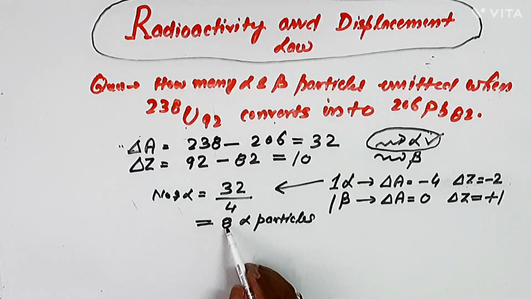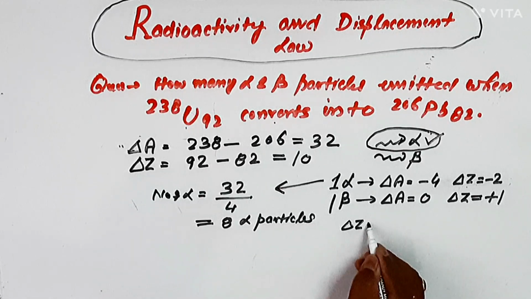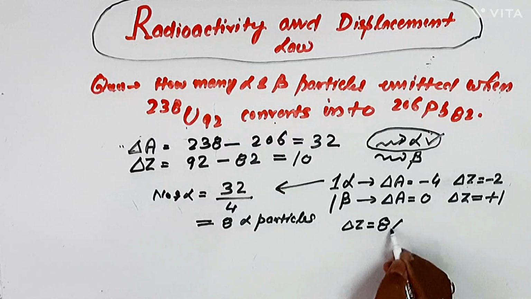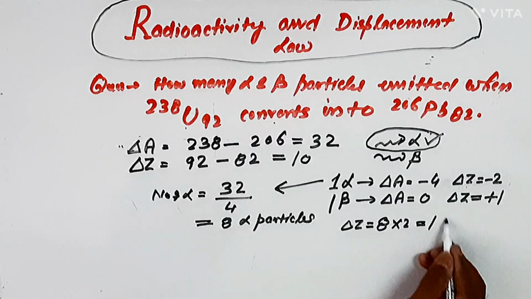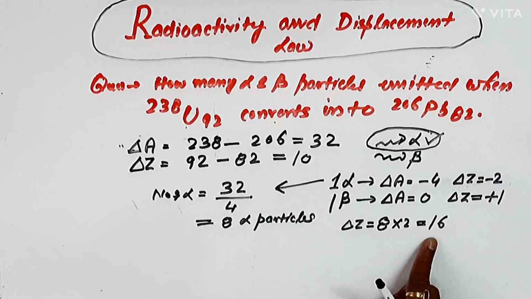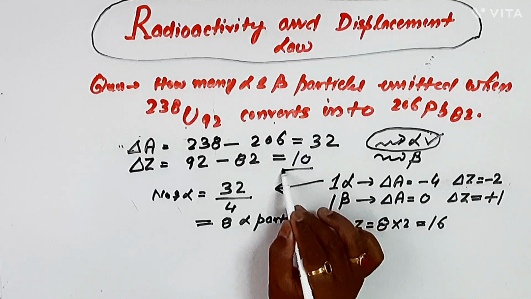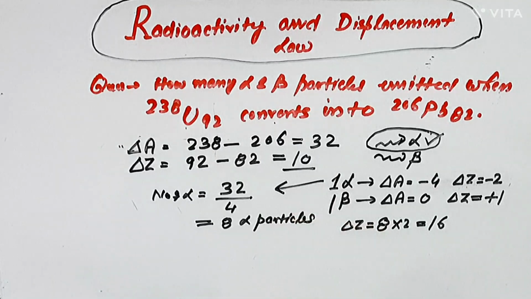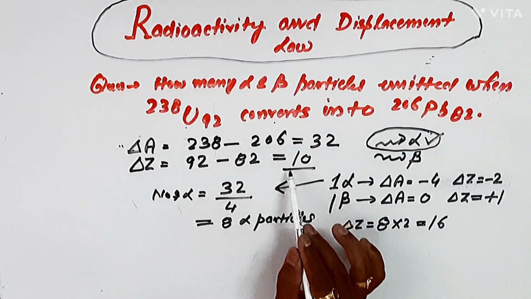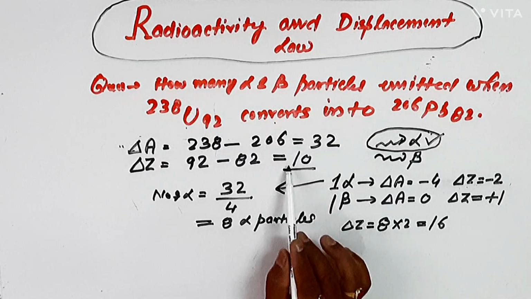During this emission, how much has delta Z changed? Delta Z must be equal to 8 into 2, which is 16. So there must be a shift of 16 in atomic number, but you got a shift of only 10. Means there is an increase of 6 units in atomic number. How does this occur?